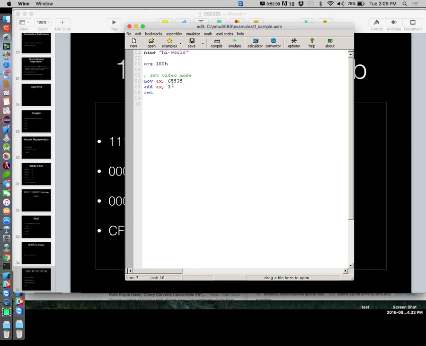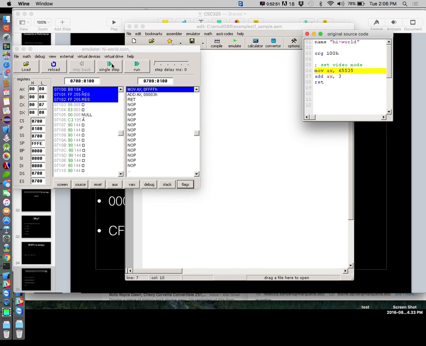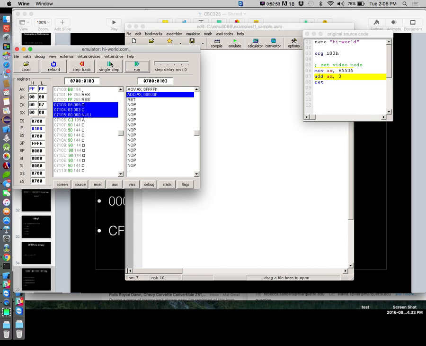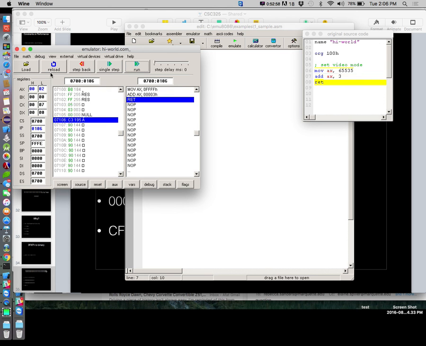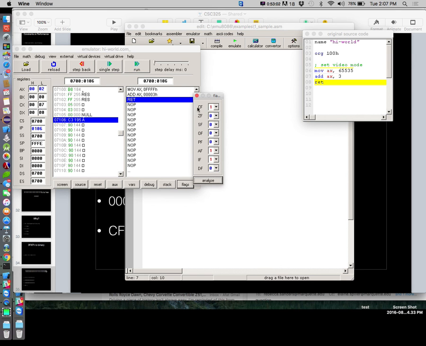What's the binary version of 65,538? It's going to be a 1 followed by 14 zeros, then a 1 0. So emulate. There's our moving the biggest number that we can into AX. There's adding 3 to it. There's our 2. And our carry flag is set.